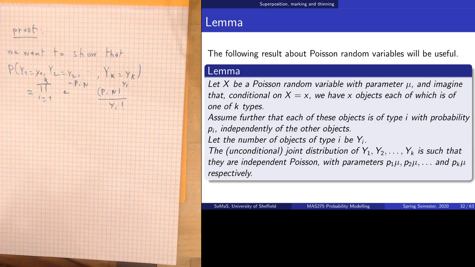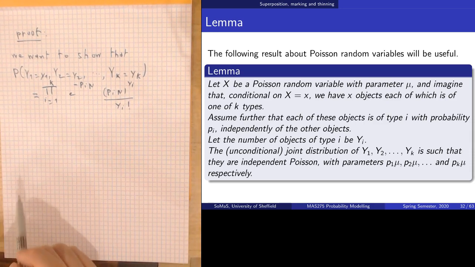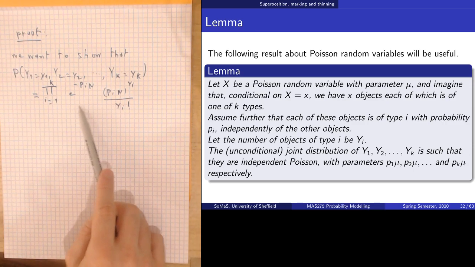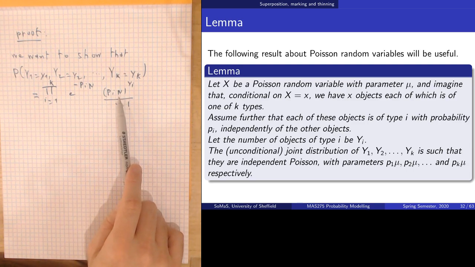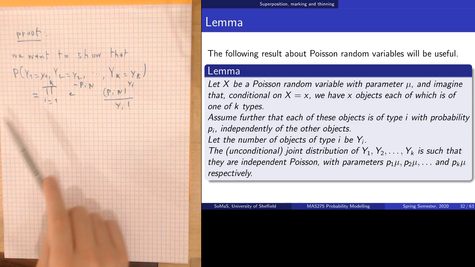So this is what we want to show. So why is this what we want? Because each of those is the distribution of a Poisson variable with parameter p_i mu, and if I'm multiplying everything, it means that they're independent.